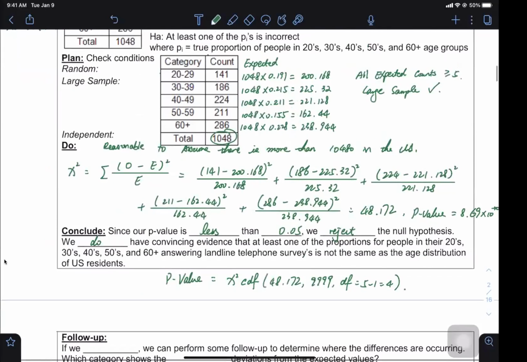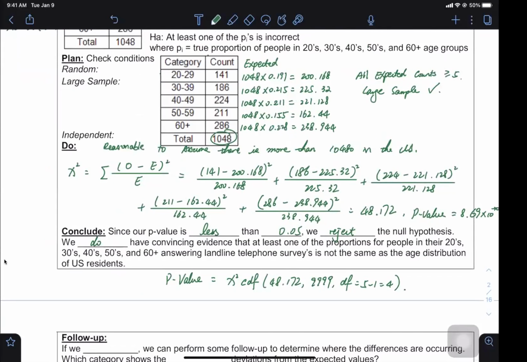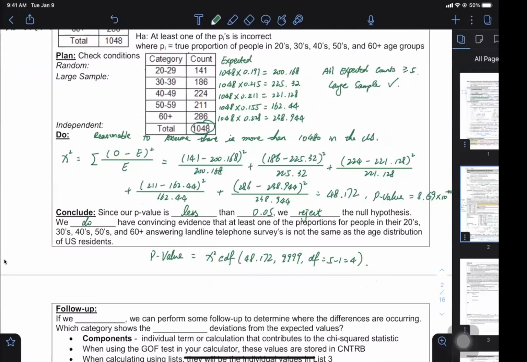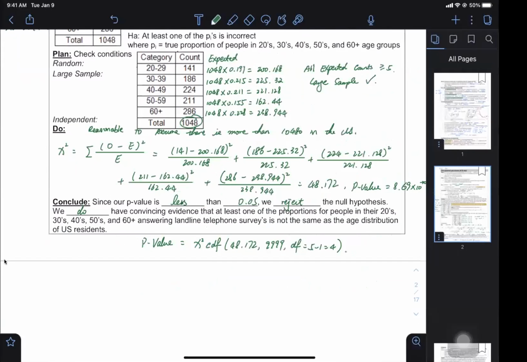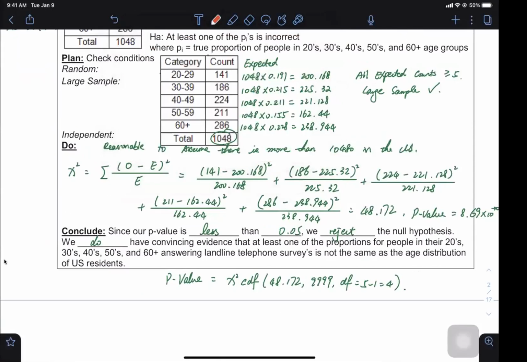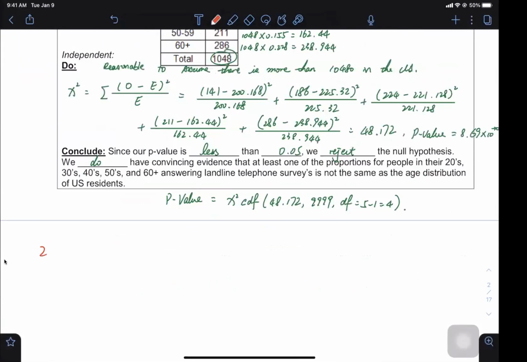And then let's say you don't have the TI-84, then what should you do? So the second approach, with no calculator.